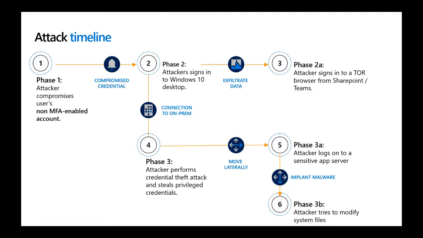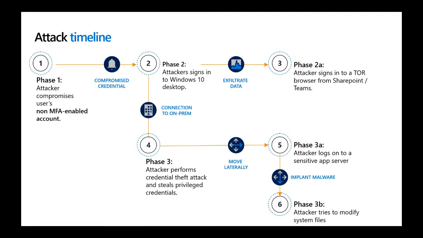So we will obtain the credentials of a standard user in a particular fictitious company named Contoso, and it just so happens that Contoso doesn't have great security hygiene and has yet to roll out and enable multi-factor authentication. So once we pop that account, we can then start to begin our attack.